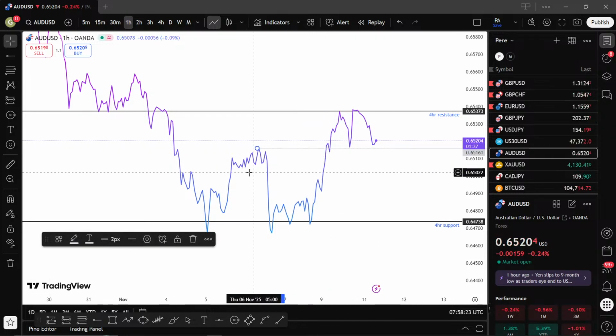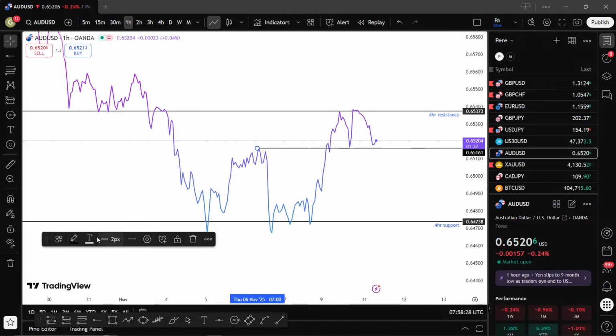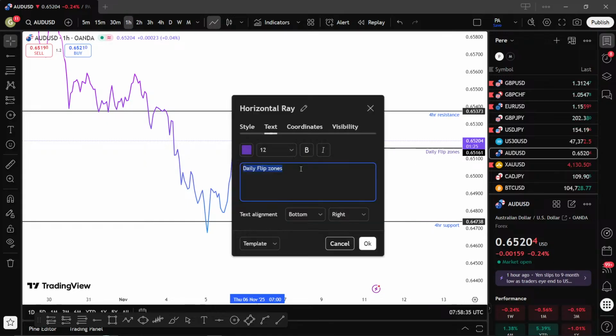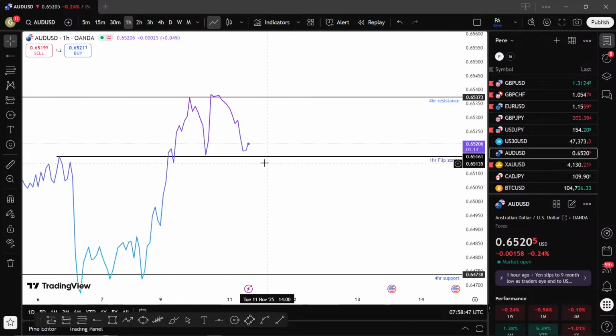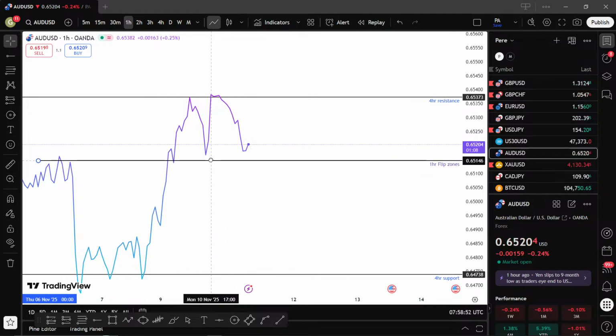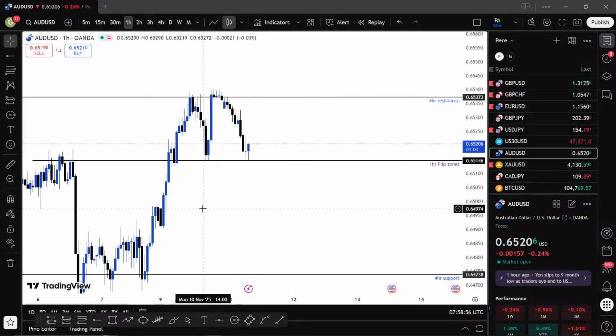So this one is known as the flip zone. So this is known as the 1 hour flip zone. Okay, good. Now we can change back to the candlestick.